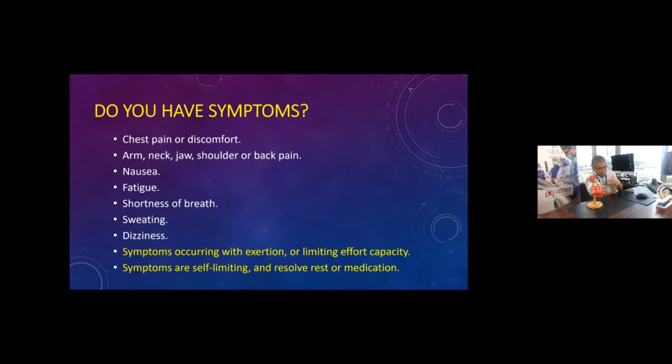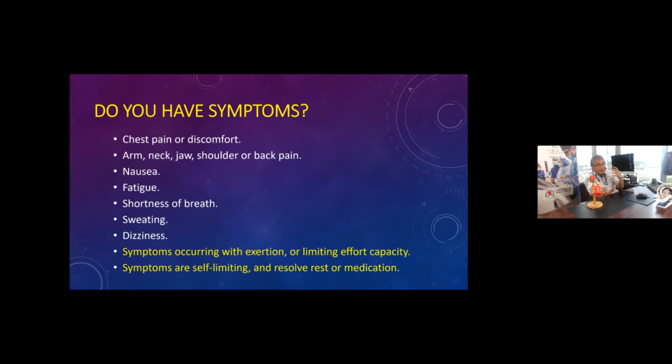Sometimes they get dizzy. So the symptoms, the commonest one is chest discomfort, chest pain, and then it's shortness of breath, then it's reduced effort tolerance, you get tired easier than you should, and then the other symptoms: fatigue, sweating, nausea, dizziness.